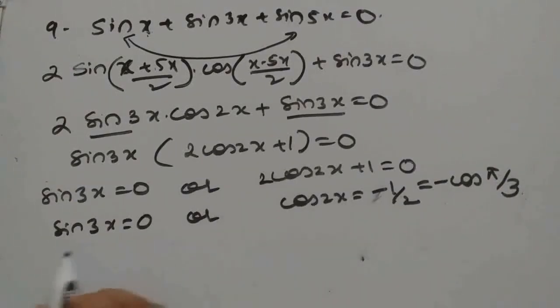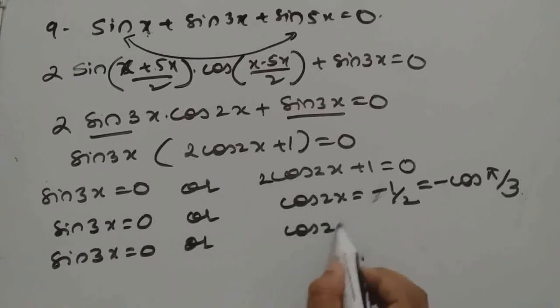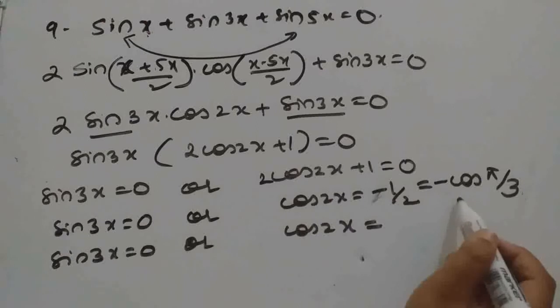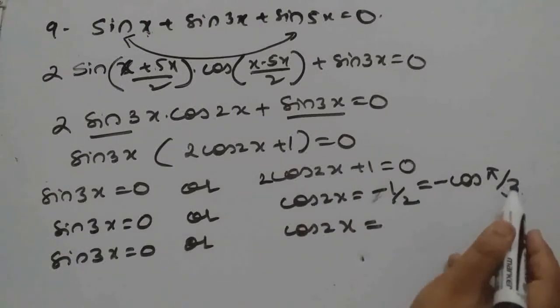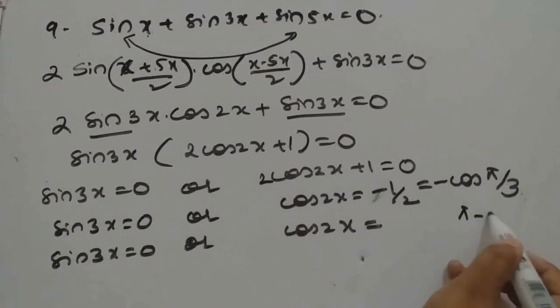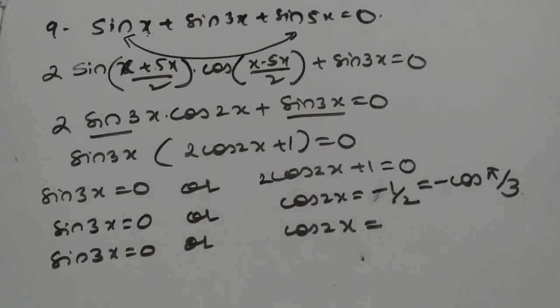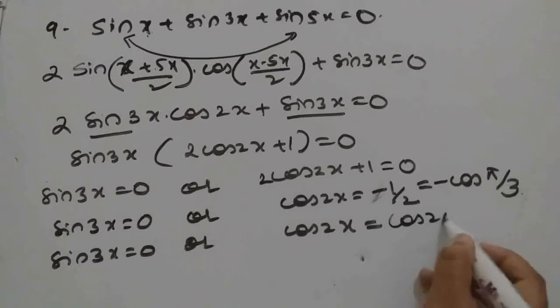So here we have to check for which angle it is negative. We know in the second quadrant it will be negative. So pi minus pi by 3 means 2 pi by 3. So we will write here cos of 2 pi by 3.